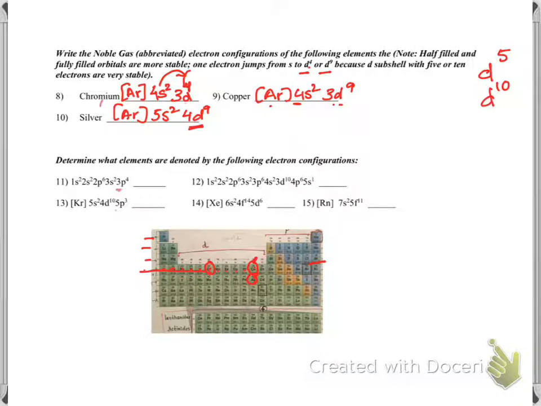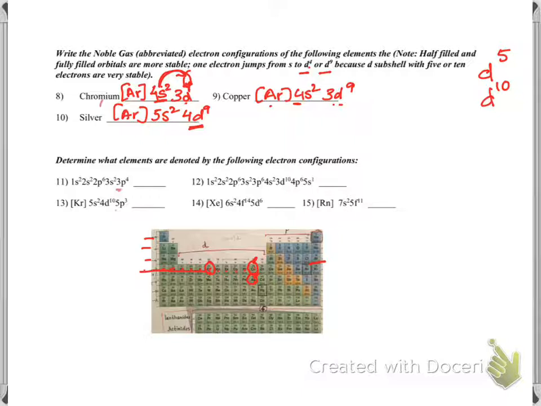Remember, d can have maximum 10 electrons. Half filled and fully filled d subshells are very stable. That means here one electron is jumping from here to here, so it will become 4s1 and 3d4 will become 3d5.